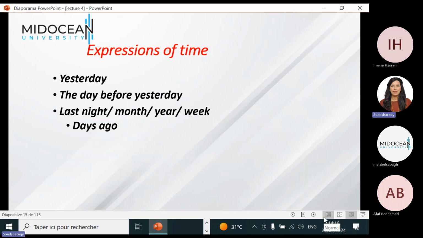Now, expressions of time that indicate the simple past tense are, for example: yesterday, the day before yesterday, last night, last month, last year, last week, days ago.